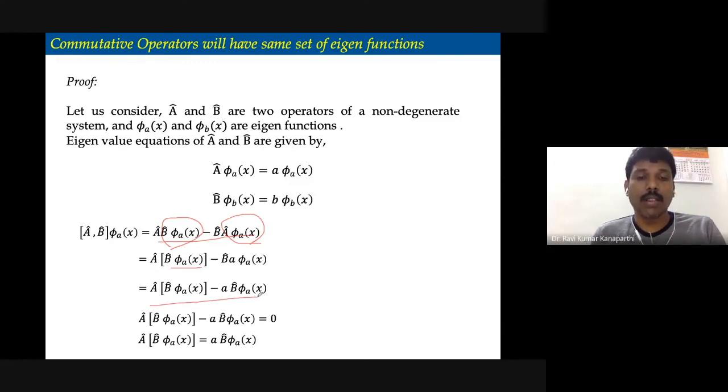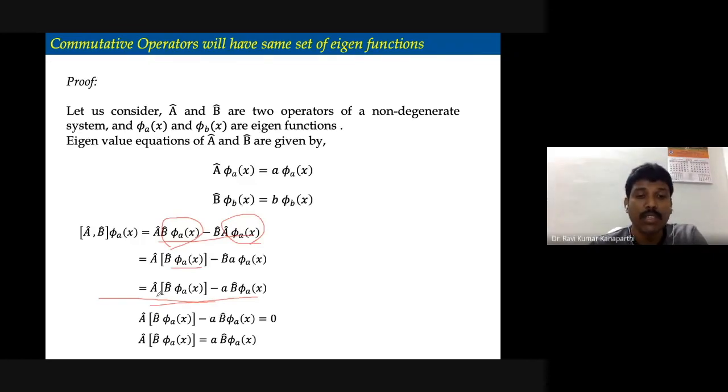Okay, and here, this is the commutator, right? So what we have evaluated is the commutator of A comma B, when the operators operate upon the eigenfunction phi A of x. And according to our theorem statement, the commutator has to be 0.